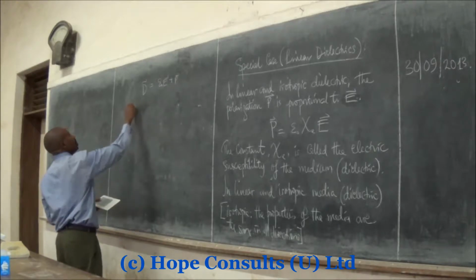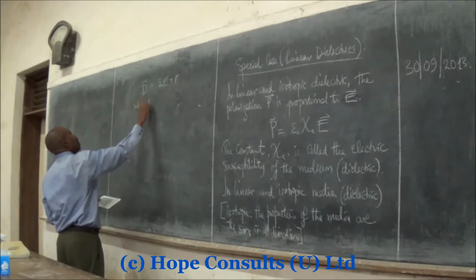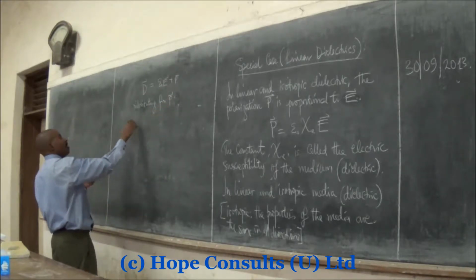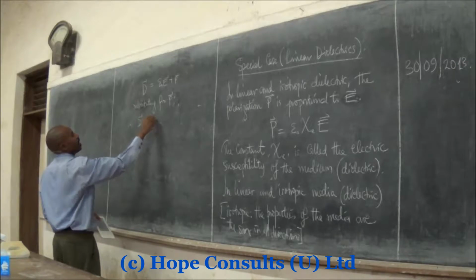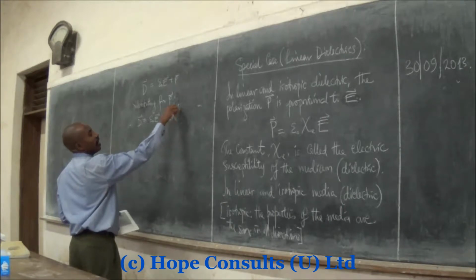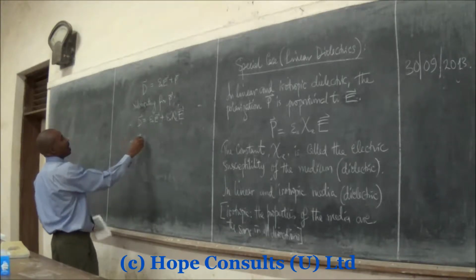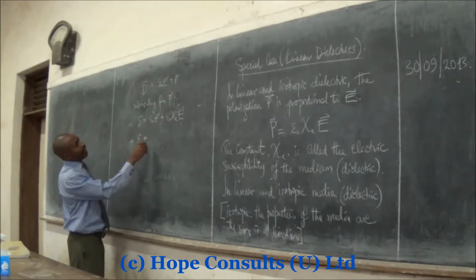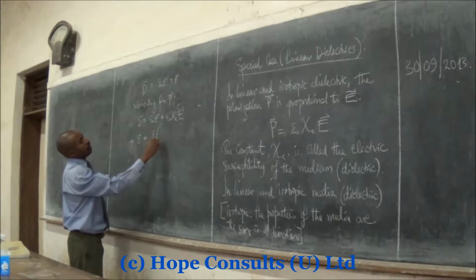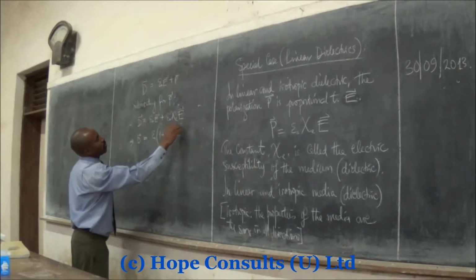If we substitute for P, this would imply that D is equal to epsilon naught E plus epsilon naught chi E, so D is equal to epsilon naught times 1 plus chi E, then we take E outside.